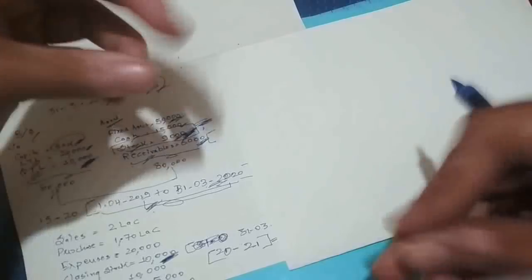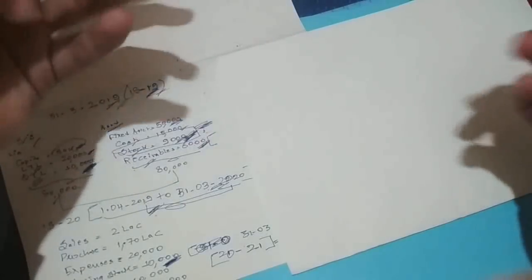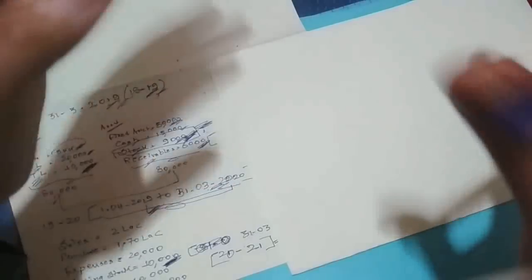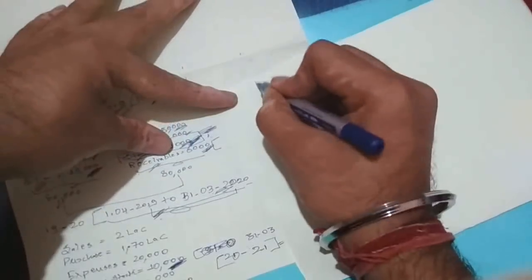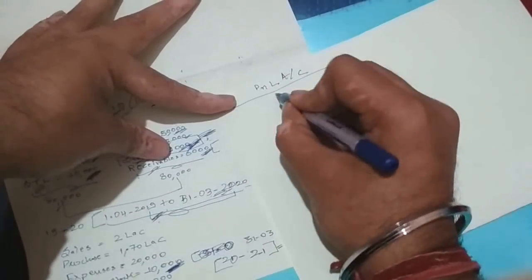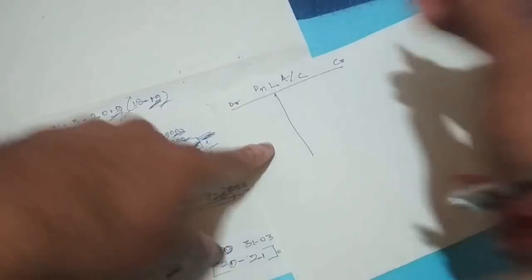Every company, when they make the financial statement, makes the profit and loss account first, because it will ascertain whether they are in profit or not. So we will make the profit and loss account for your company. As I told you, this one is the debit, this one is the credit.